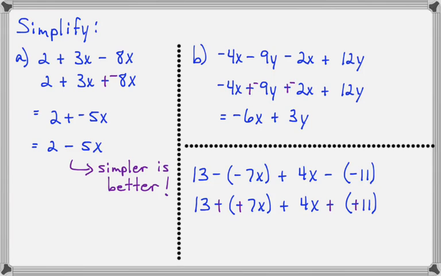It does not matter whether you choose to work with the constant terms first, the non-variables, or the x's first. Just pick one and go with it. I pick the x's. 7x plus 4x is 11x. Now on the constants, 13 plus 11 is 24. And that's all there is to that.